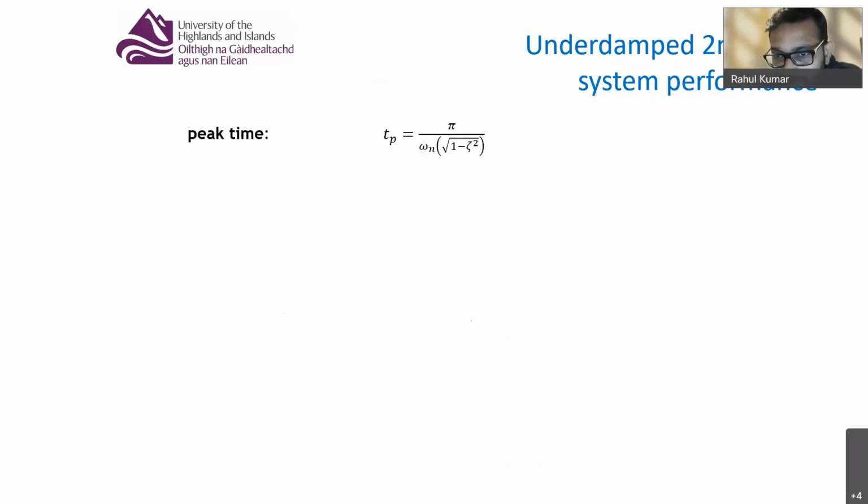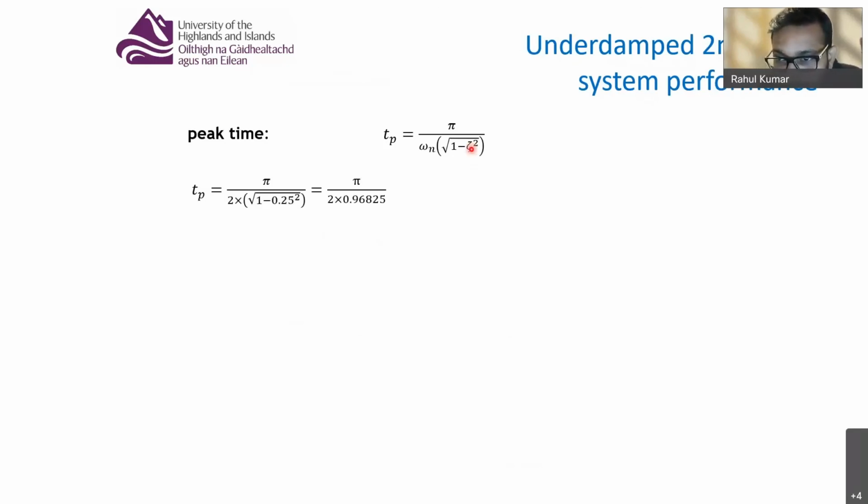Similarly, the next thing which we have to find is the peak time, which is given by this formula. Again, we know the value of omega n, which is 2, and zeta is 0.25. If you notice, it has square root of 1 minus zeta square.